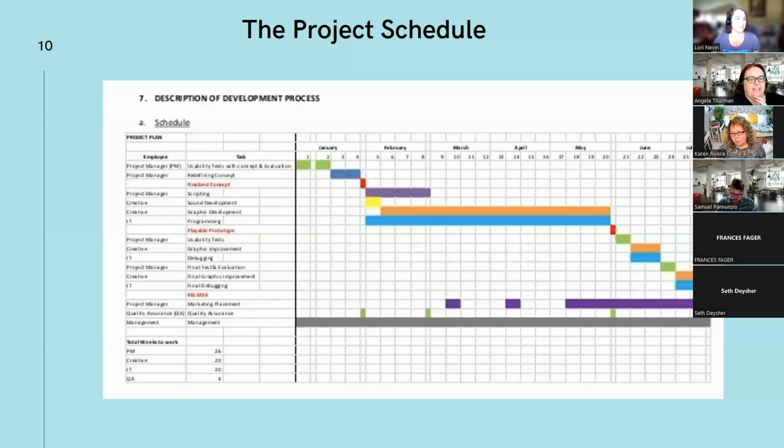That could be for a number of reasons, but oftentimes it's because the customer, whether that's an internal customer or an external customer, has decided they want to add additional requirements to the project.